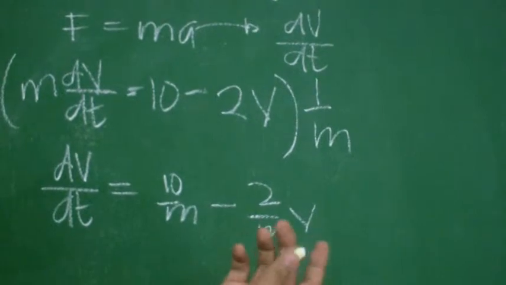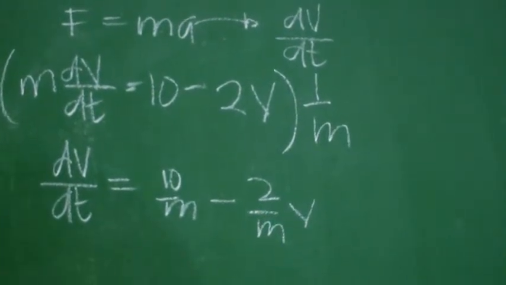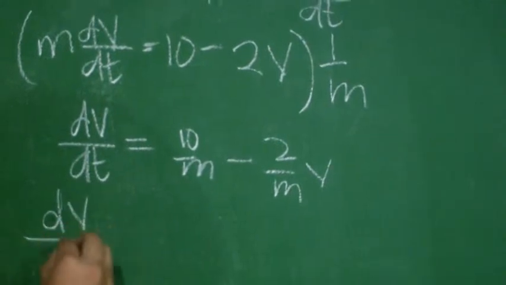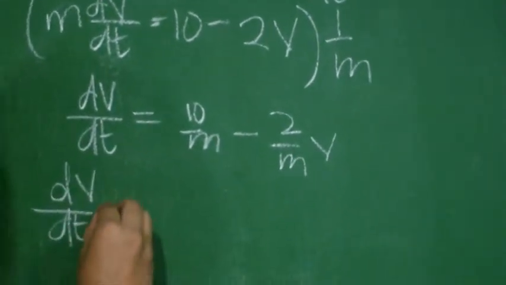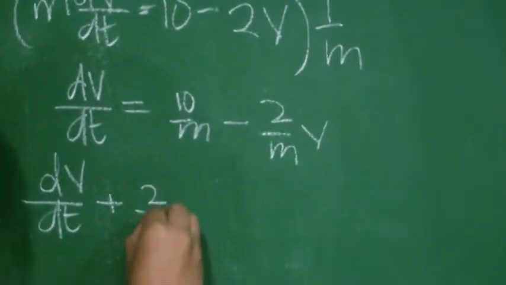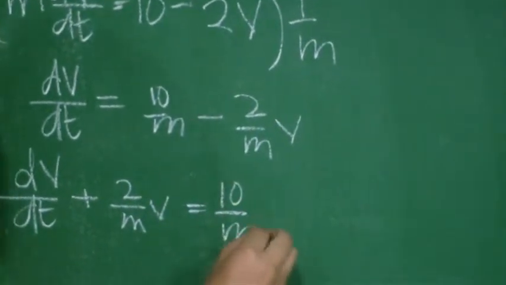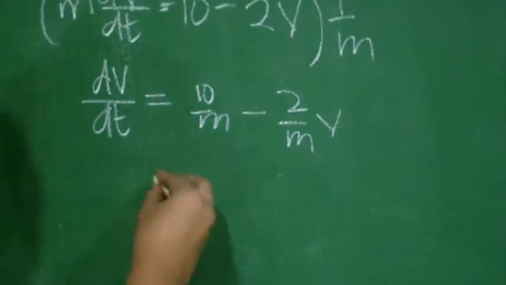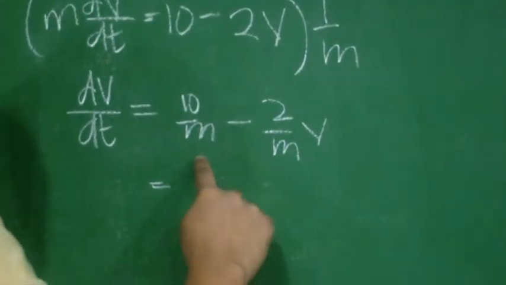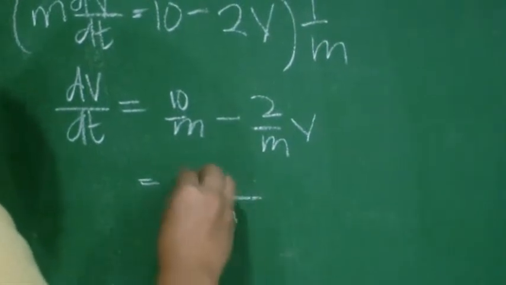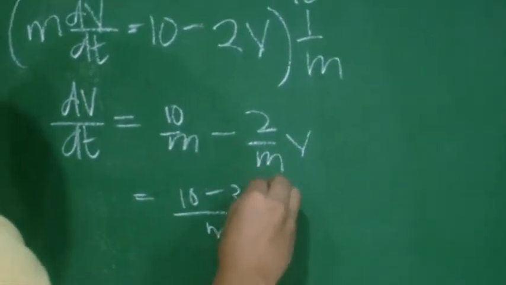Now, we can see that we have a linear differential equation. So, transforming this, we have dv over dt plus 2 over m times v is equals to 10 over m. Now, combining these two, we have m over 10 minus 2v.